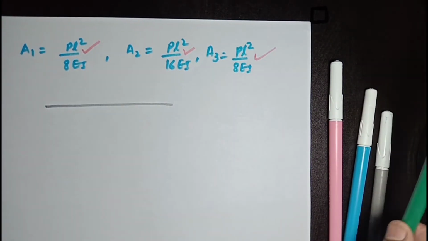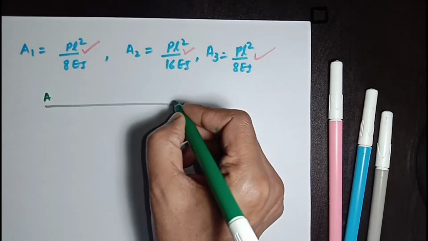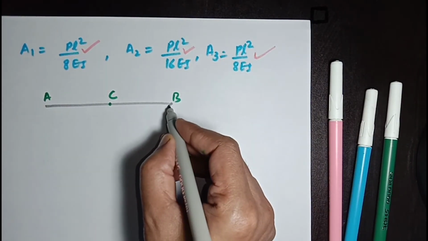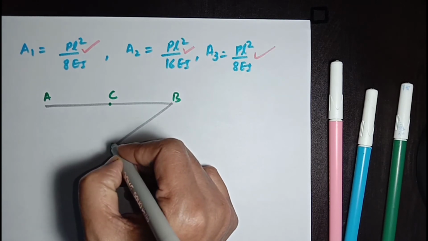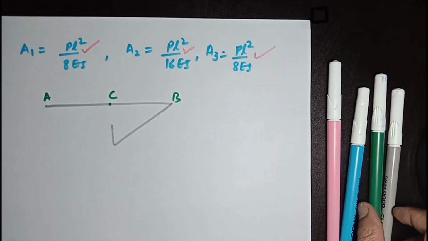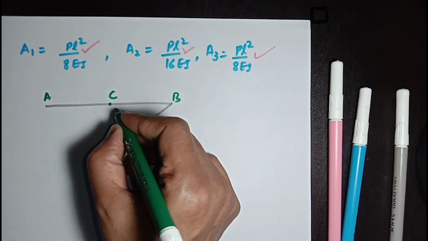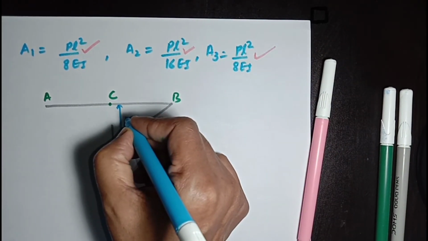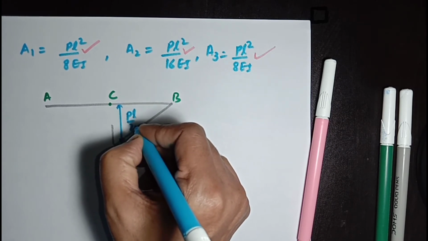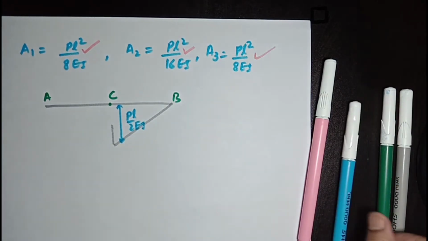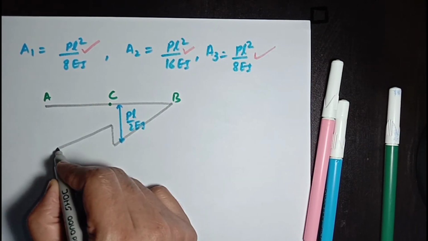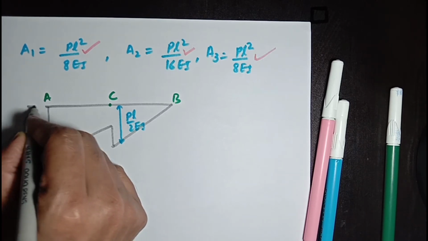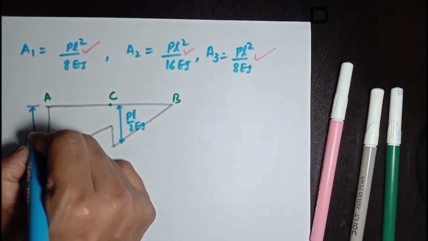This is the baseline, this point is A, this point is B, and here is point C. The bending moment M over EI value here is PL divided by twice EI, and from here to here the same value, PL divided by EI.